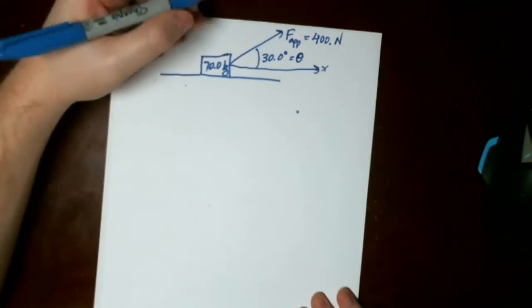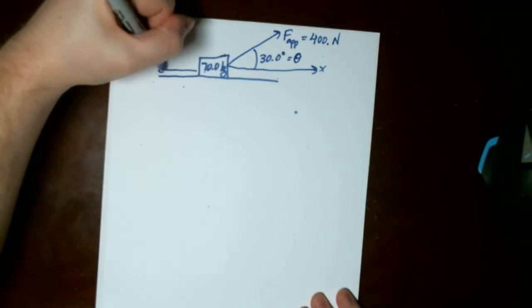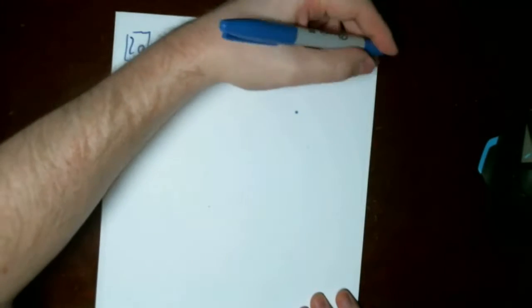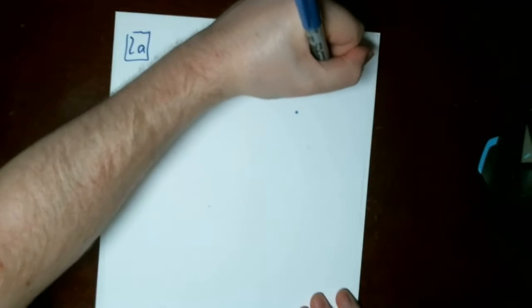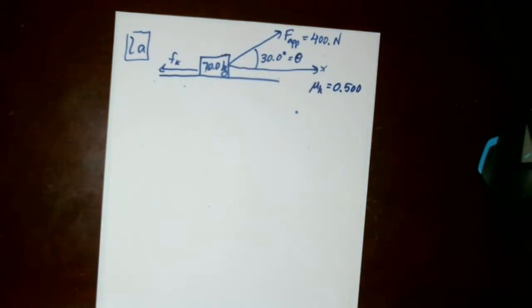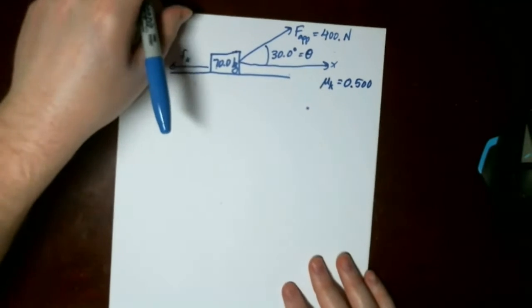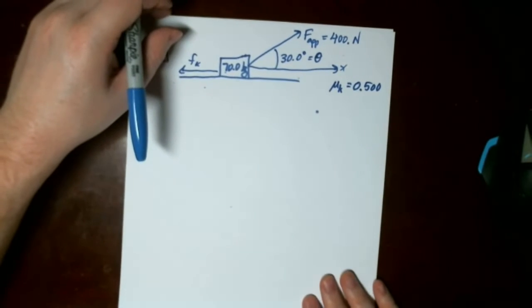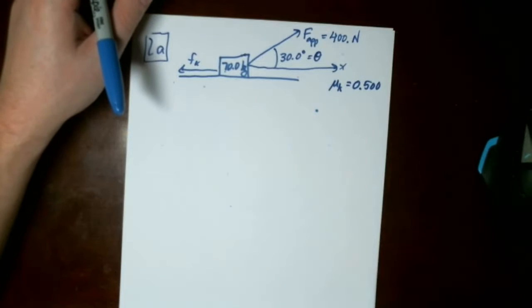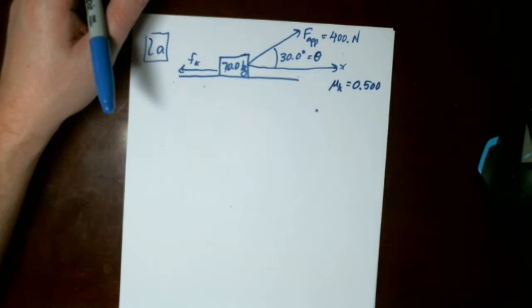And then we have some friction force acting opposite, and our coefficient of kinetic friction is 0.500, or 0.50, whatever. Anyway, we want to find the friction force acting on the box in newtons. In order to find the friction force, we need to first find the normal force.